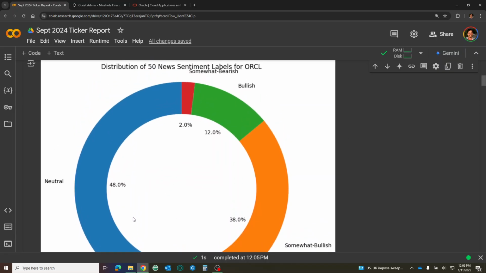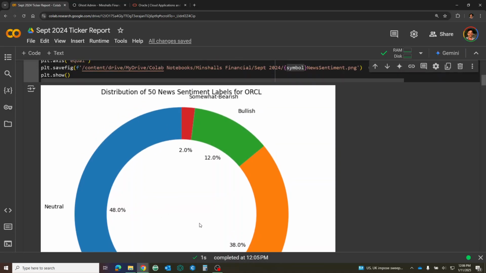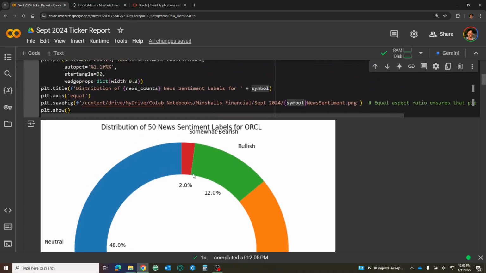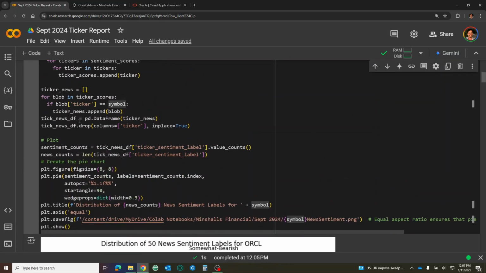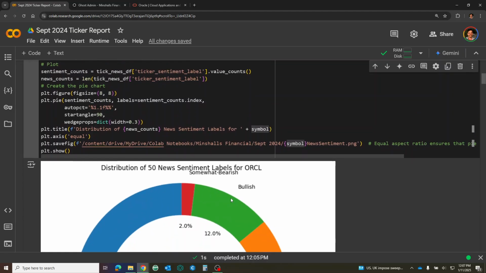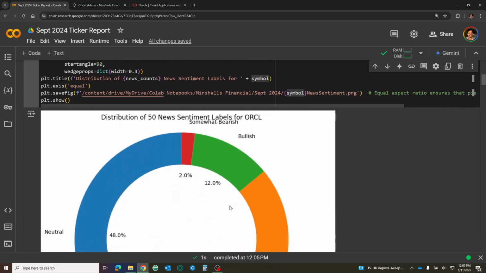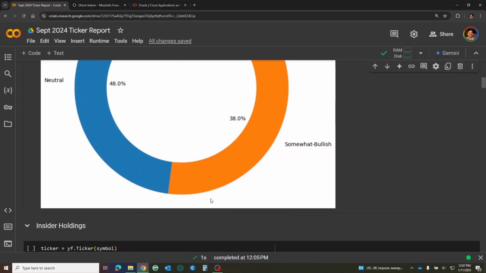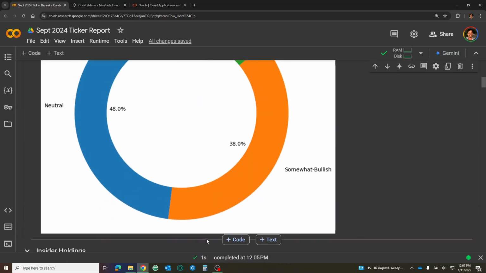So this gives you a good idea of the articles recently being published and what the sentiment is around them. This is useful if you just need a general idea of the sentiment of a population of articles. If you really wanted to go into these and look at them, you totally could. But this is just a way to plot the sentiment of the total population that you're pulling.